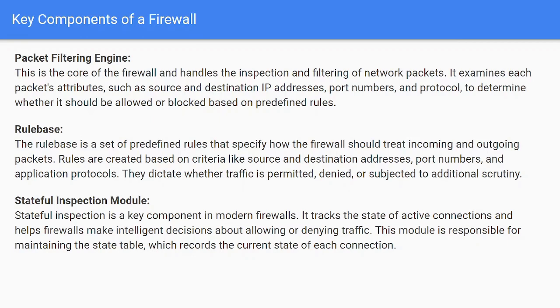The next point is rule-based. The rule base is a set of predefined rules that specify how the firewall should treat incoming and outgoing traffic. These rules let the firewall know how to treat traffic, because each kind of packet has its own way that it should be handled.